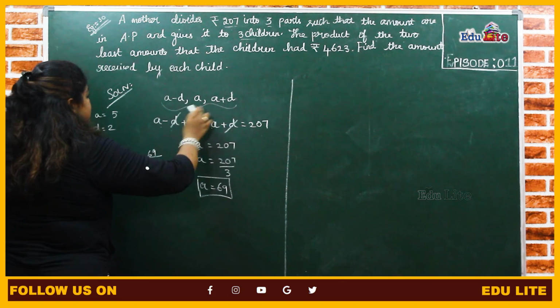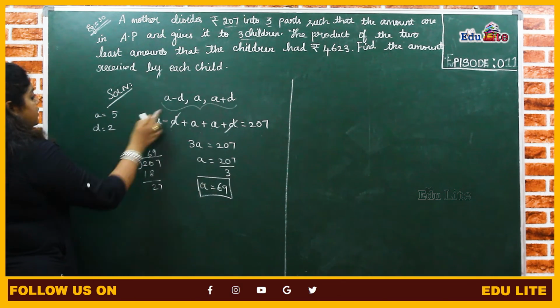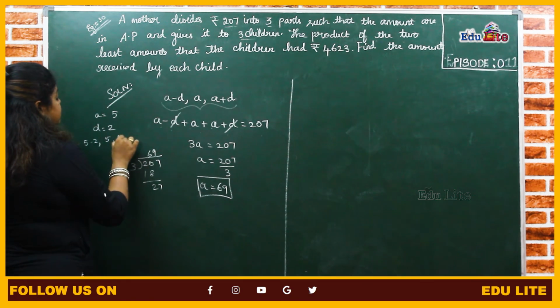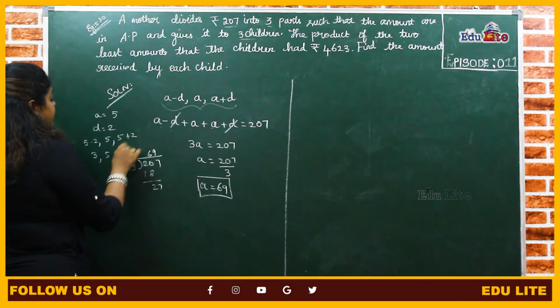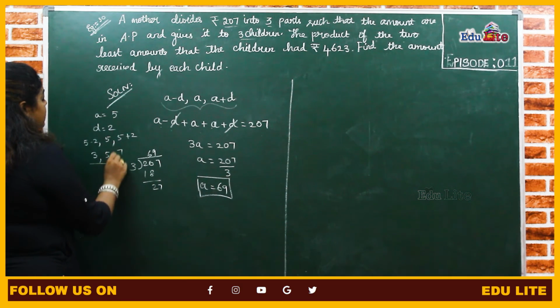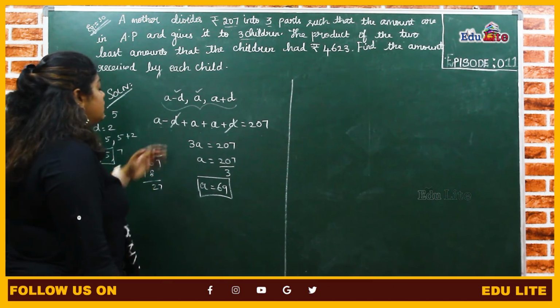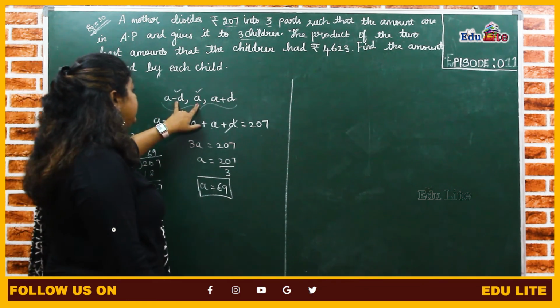We will substitute in this and find which are the least. So A minus D is 5 minus 2, A value is 5, A plus D is 5 plus 2. Therefore 3, 5, 7. So among these 3, 3 and 5 are the least, and we got them from the first term and the second term. So among these 3, the least 2 are A minus D and A.